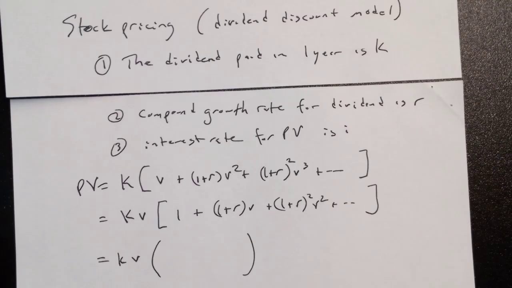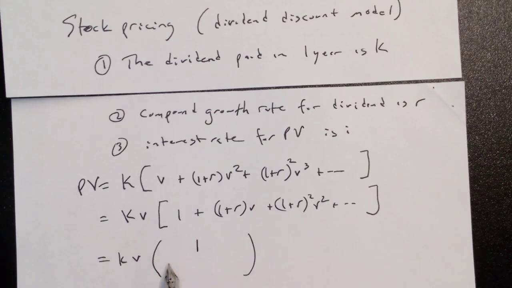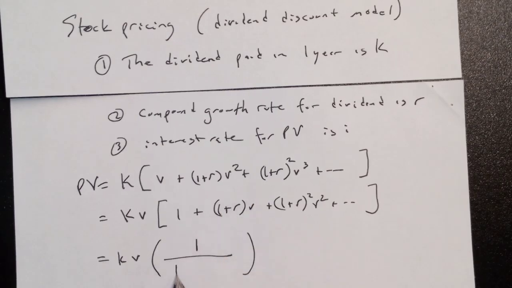This is a Calc 2 question. I may or may not have answered before. Yes, but in this case, A is 1, and the ratio is 1 plus R times V.